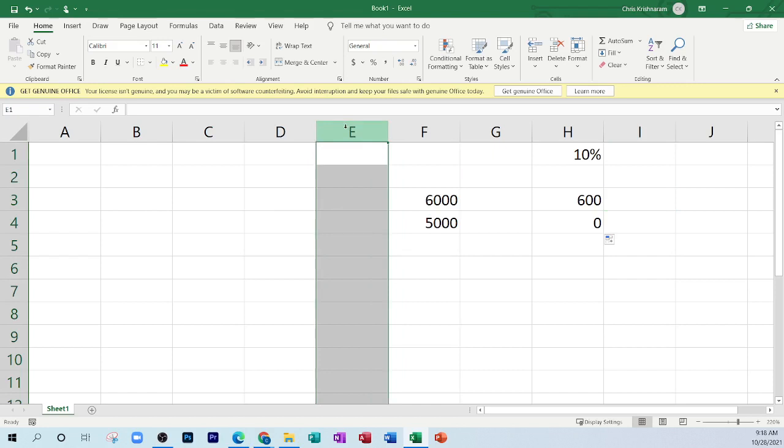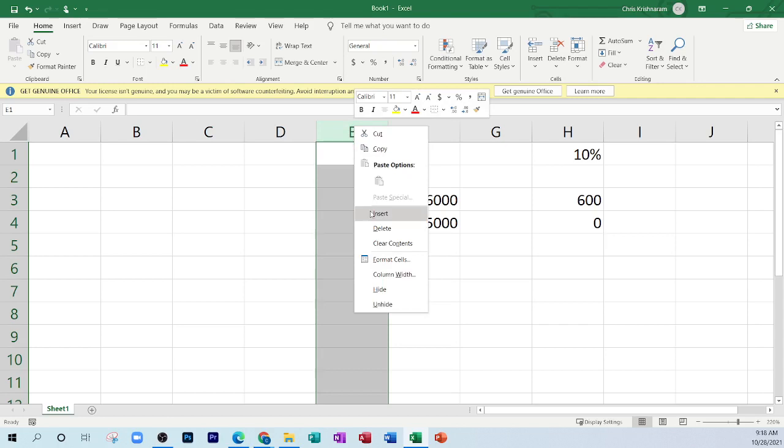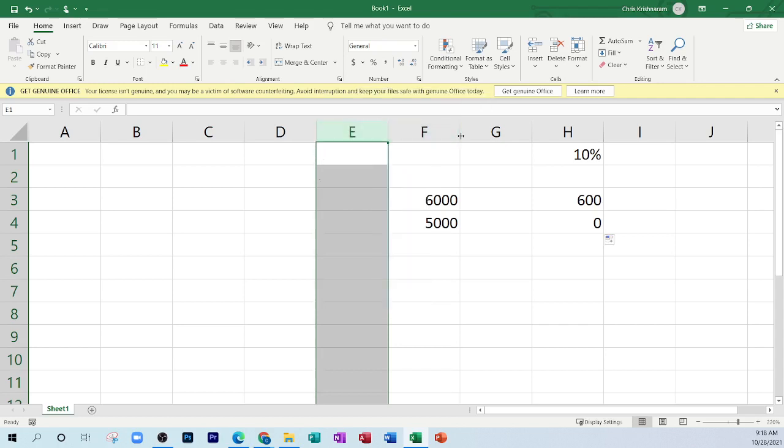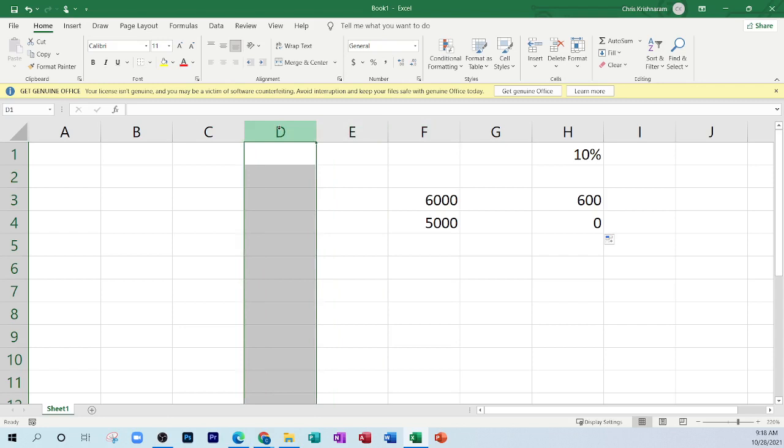Think of it that way. So if you insert before E, if you right click on E and select insert, column E is going to be shifted. If you right click on D and you click insert, column D is going to be shifted.